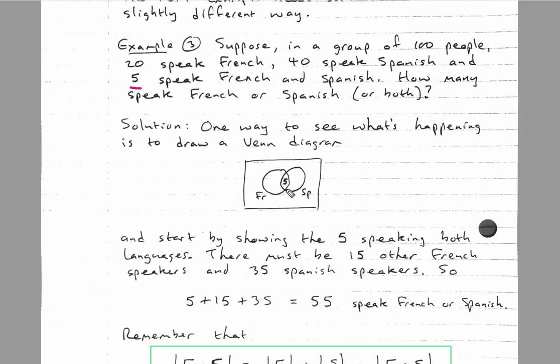We know there are 5 people that speak both, so they're in the overlap, in the intersection. 20 people in total speak French, so that means there must be 15 people over here that speak French but don't speak Spanish. And 40 people speak Spanish, 5 are here, so there's another 35 that speak Spanish and not French.